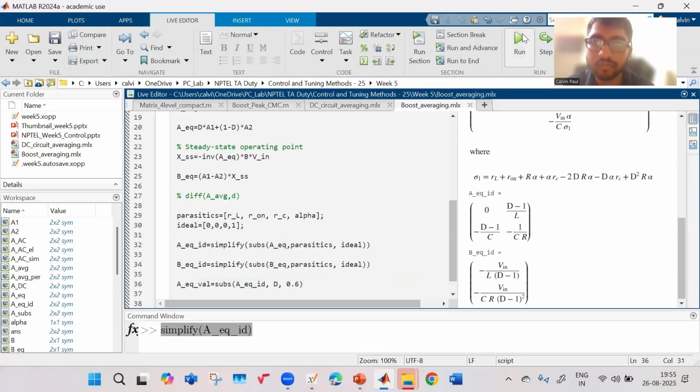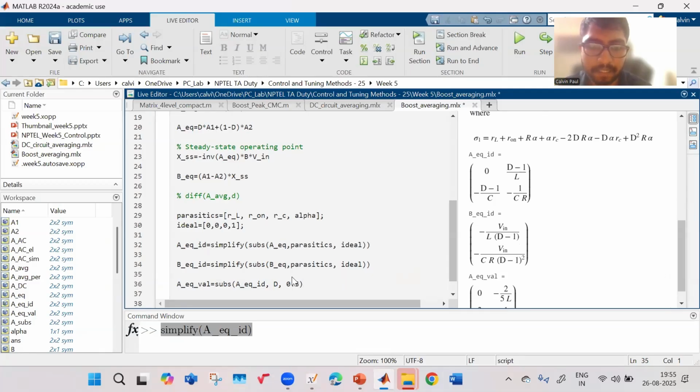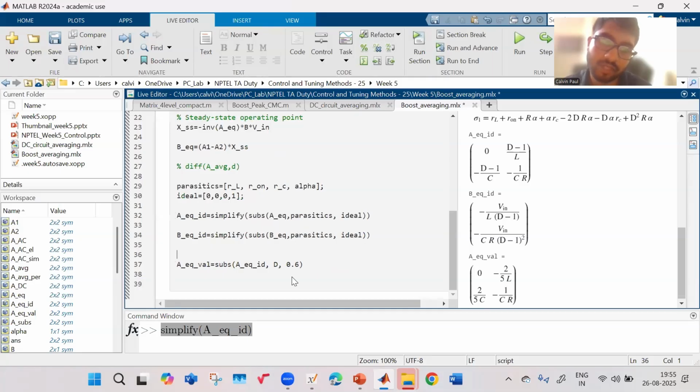Okay, let us run it now. You get it. Now you have to substitute value of L, C, and R. Let us say our passives. Those were L, C, and R, and our passives value is L was 3.3 E minus 6 henry, C was 50 E minus 6, R was 30 ohm.